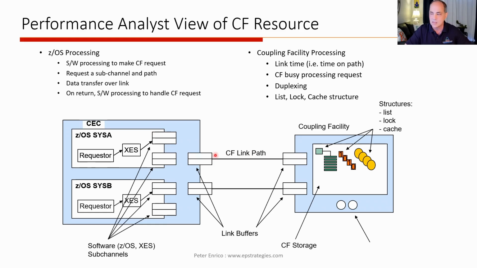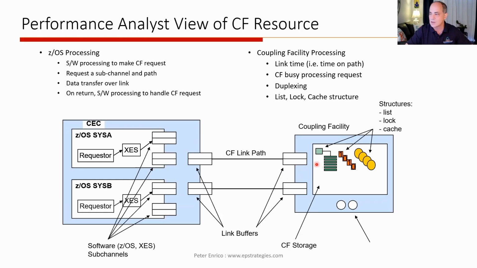This is a physical link, or it could be a memory link. Just understand that your coupling facility could be a separate physical machine from the one your z/OS system is running on, so there's a wire between the two of them, the coupling facility link, or they could be on the same physical box, but you're going to have a memory to memory link. The point is it's a link. That's the main point logically.